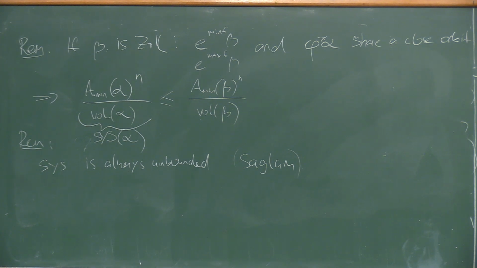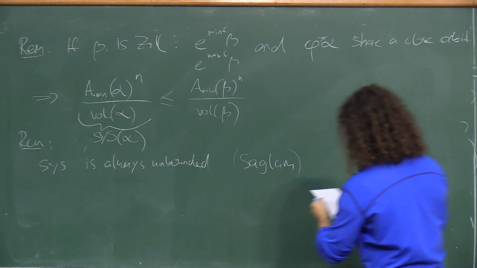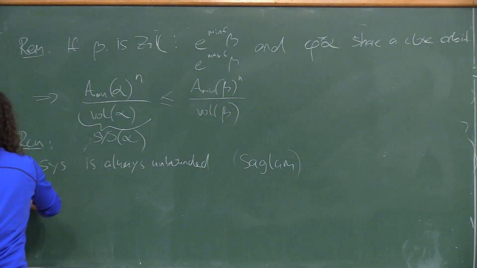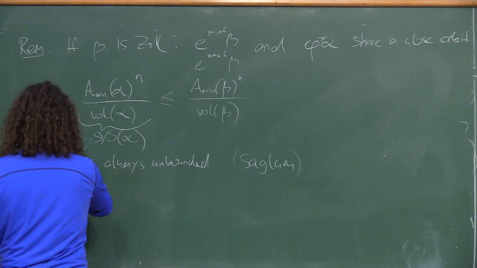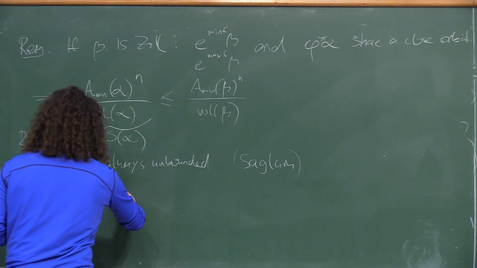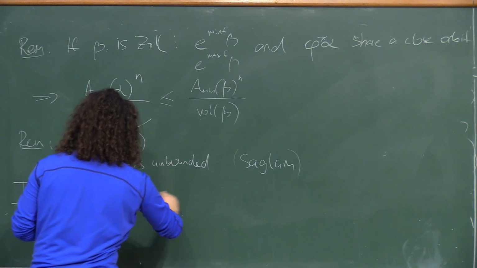Okay, so that's maybe the main result here. So that's the theorem. Maybe let's put it here. Theorem. So let alpha 0 be Zoll.